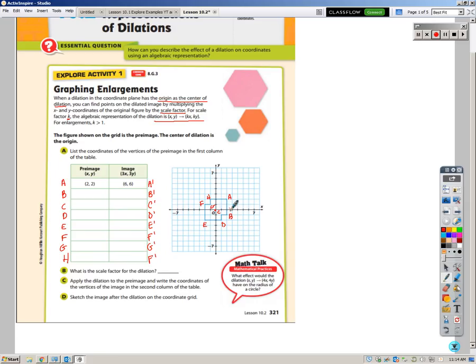So we're going to go to B, which is 2 and negative 1. C, which is 1 and negative 1. D, which is 1 and negative 2. E, which is negative 2, negative 2.